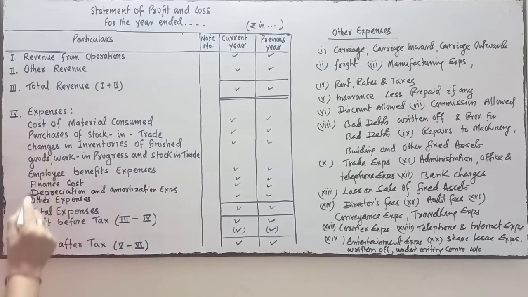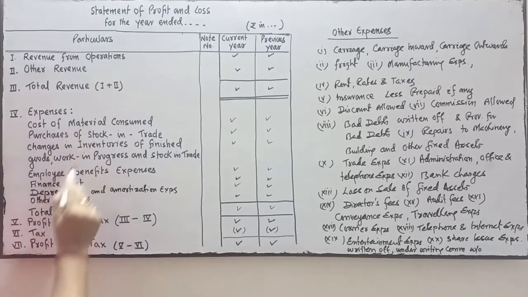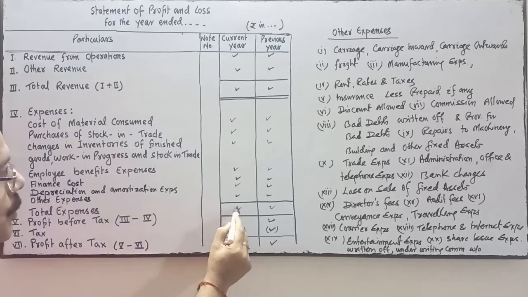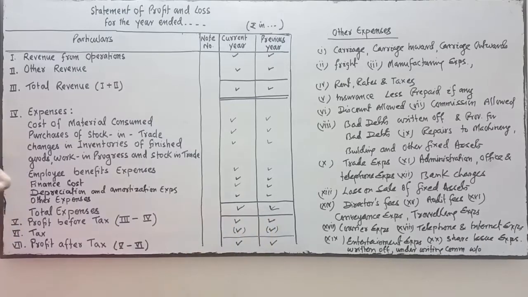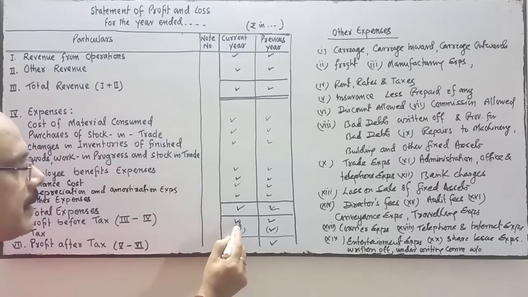So we do the total of these, right from cost of material to other expenses. This is the total expenses, and these total expenses are compared with the total revenue. So third minus fourth gives profit before tax.